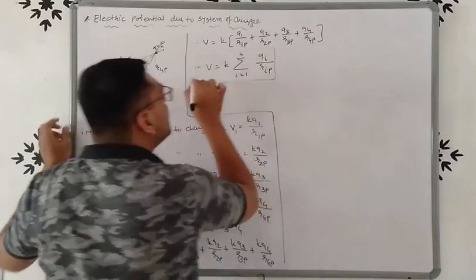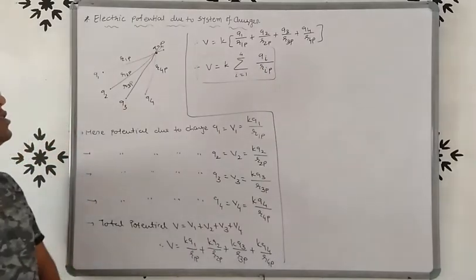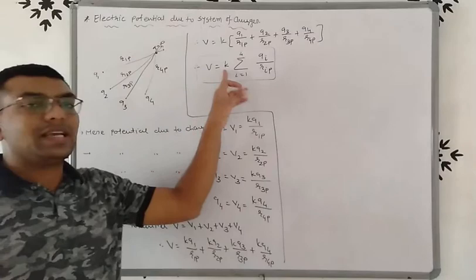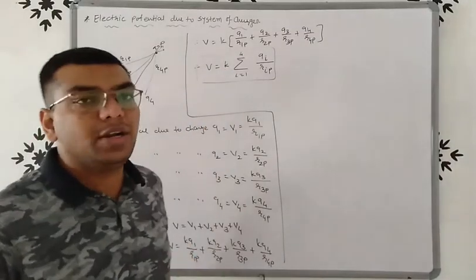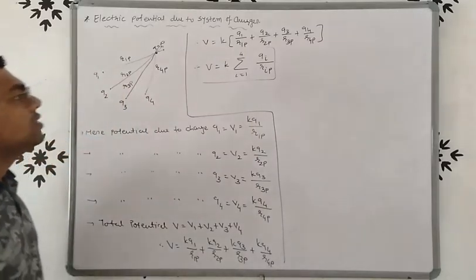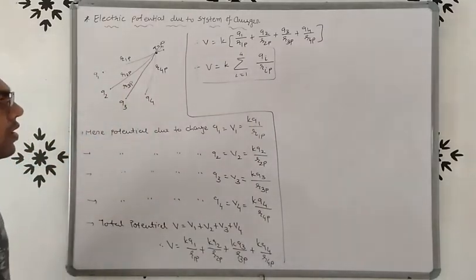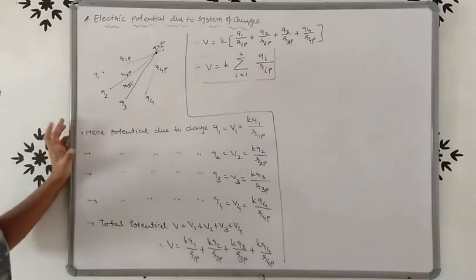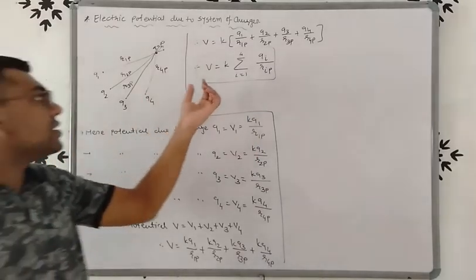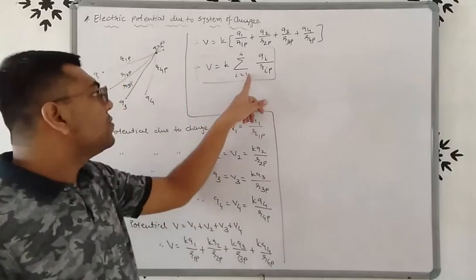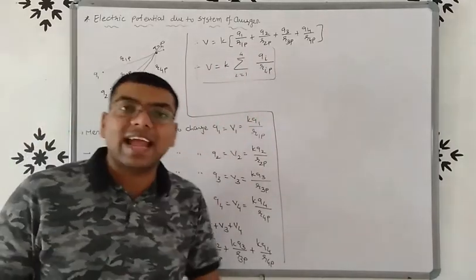So the potential at point P due to this system of 4 charges is V equal to K sigma i equal to 1 to 4 Qi upon RiP. If there is a system of n charges, then the equation will be V equal to K sigma i equal to 1 to n Qi upon RiP.